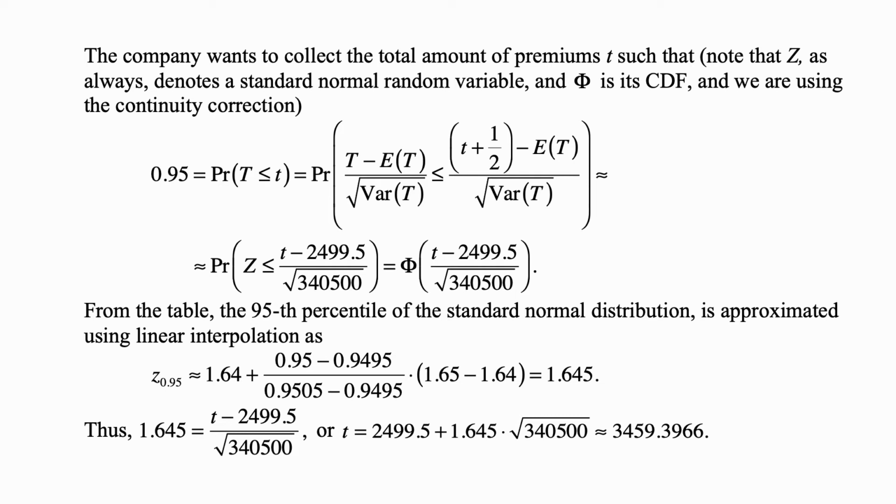So t is the 95th percentile of capital T, which is the probability of T minus E of T over the square root of the variance of T. And note that T itself, the sum of all these individual Bernoulli trial random variables, is discrete. That's the whole point. That's why we should use the continuity correction.